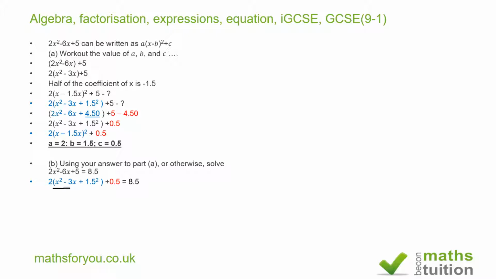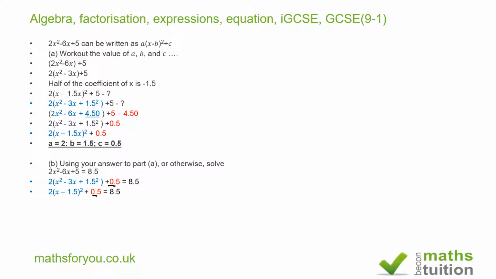If I now express this as 2 into x minus 1.5 all squared plus 0.5 is equal to 8.5 there.